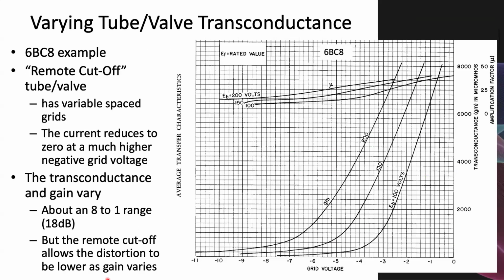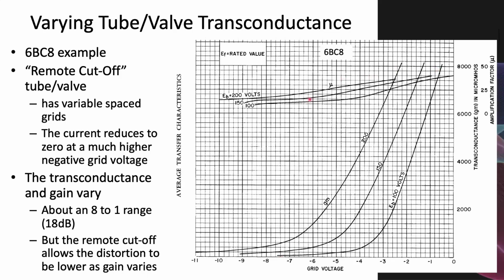Here's an example of a remote cutoff tube or valve. I'm using this particular one because it's used in the next example. It's got variable spaced grids. You can see here that the transconductance varies. It takes quite a lot of voltage to get it down to a low transconductance.